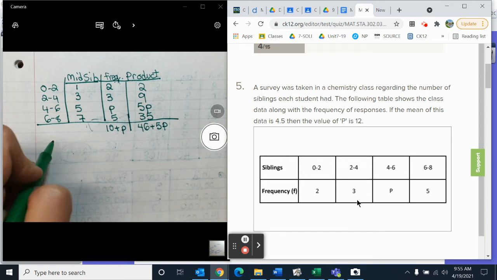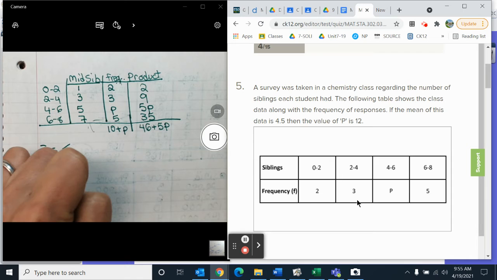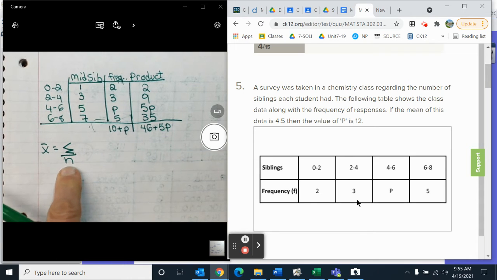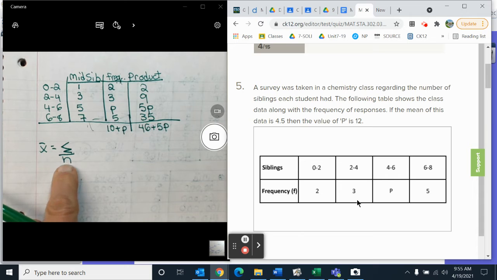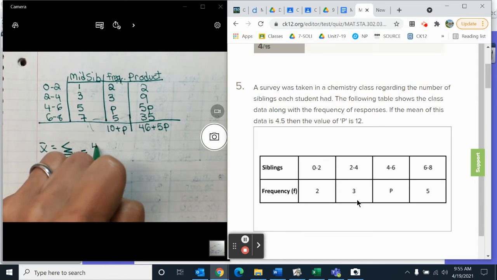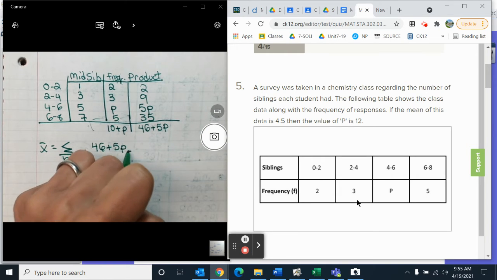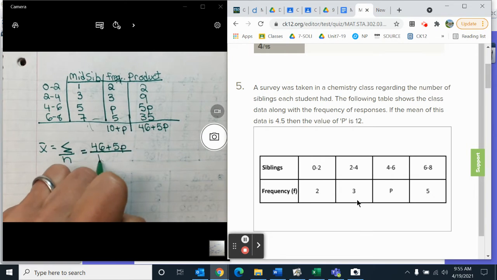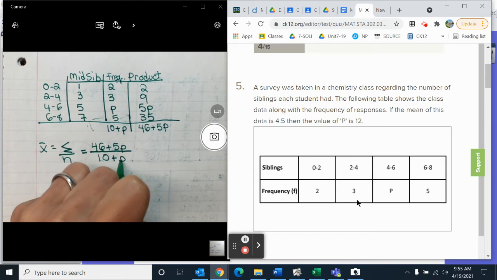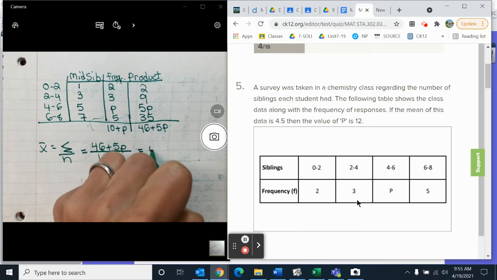Now remember that the mean is the sum divided by our total number of objects. Well, our sum is 46 plus 5P, and we divide it by 10 plus P, and that will equal our average of 4.5.